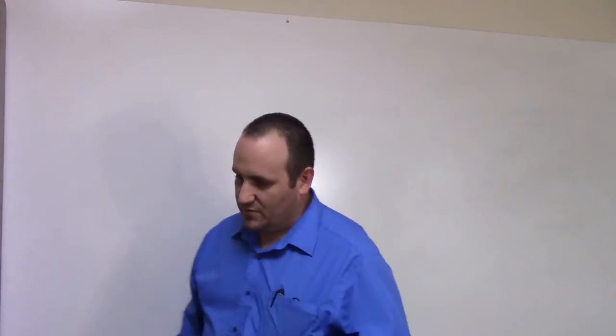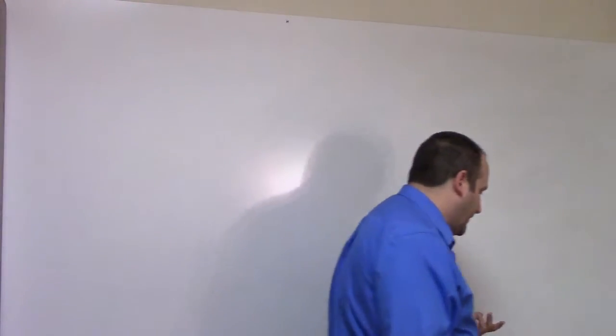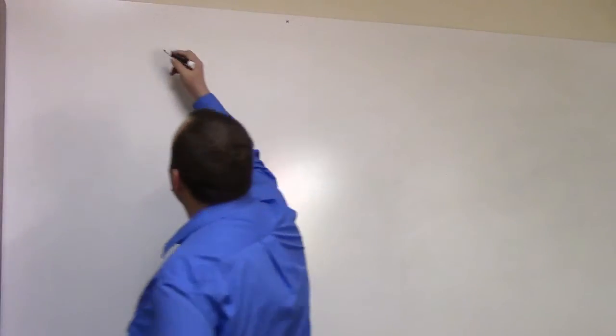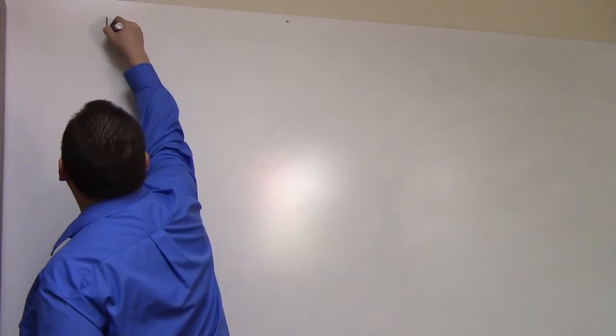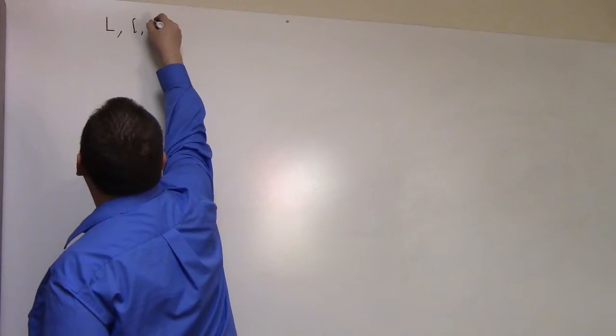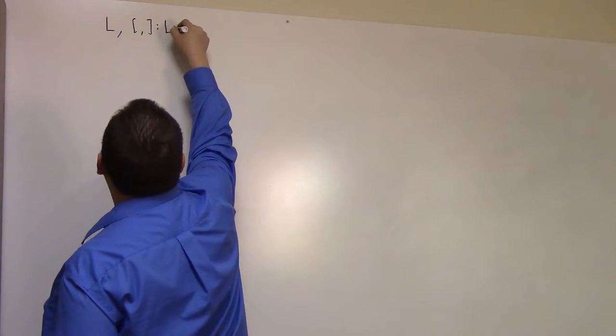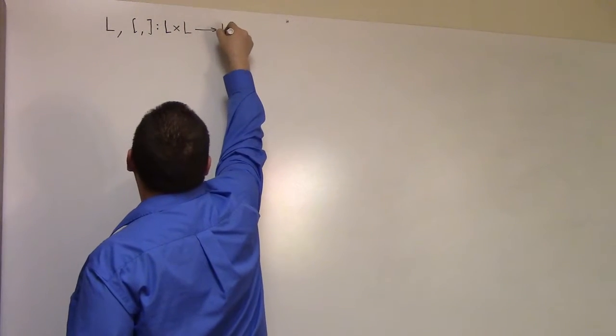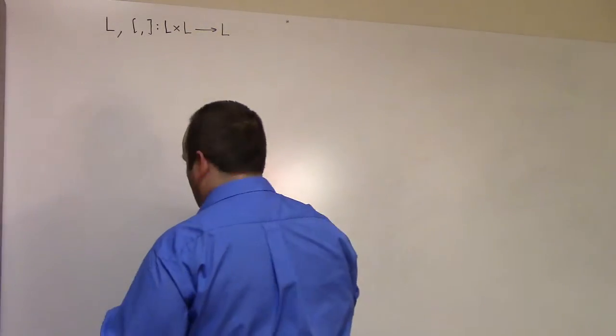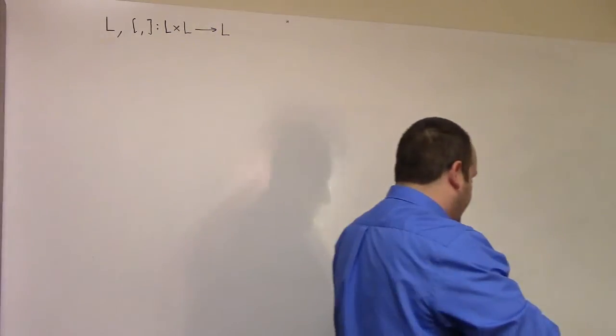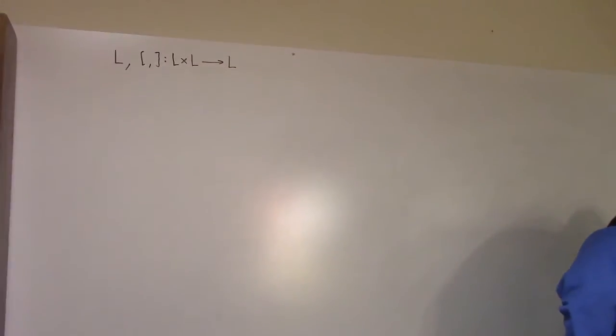Now, last time we talked about what the Lie algebra is, right? Basically, a Lie algebra is L paired with a bracket. The bracket is a mapping from the Lie algebra across the Lie algebra to the Lie algebra again. And if we're talking about a real Lie algebra, it's bilinear with respect to the reals.